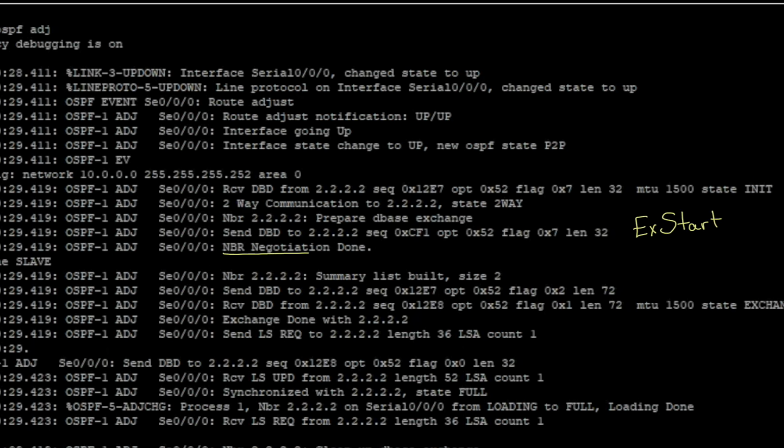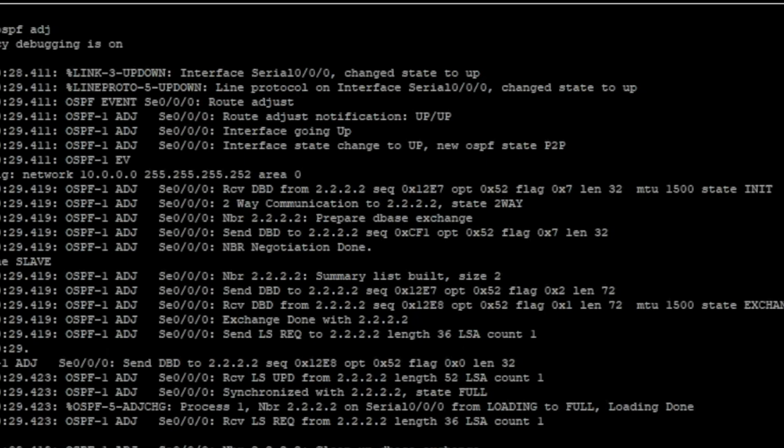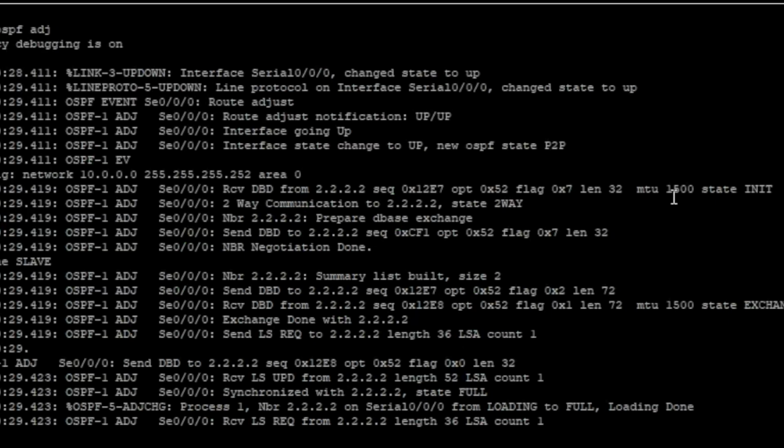ExStart happened very fast, and it's not explicitly shown here, and that's normal on a simple point-to-point network. Even though we don't clearly see ExStart scroll by, this is where the leader and follower decision is made based on the router IDs. And we can see here with our terminology that we discussed earlier, yes, we are the follower, and the other router, 2.2.2.2, with its higher router ID is the leader.